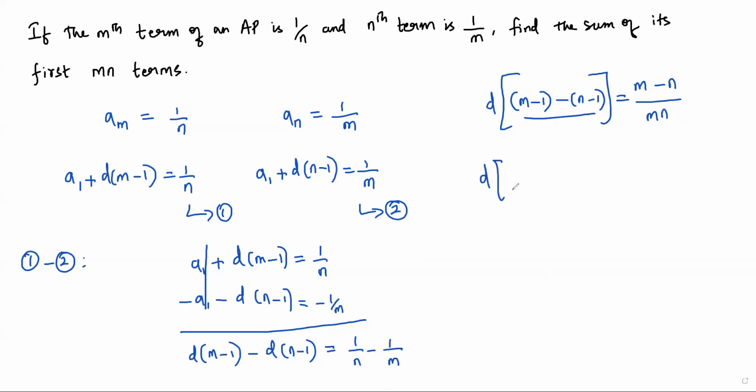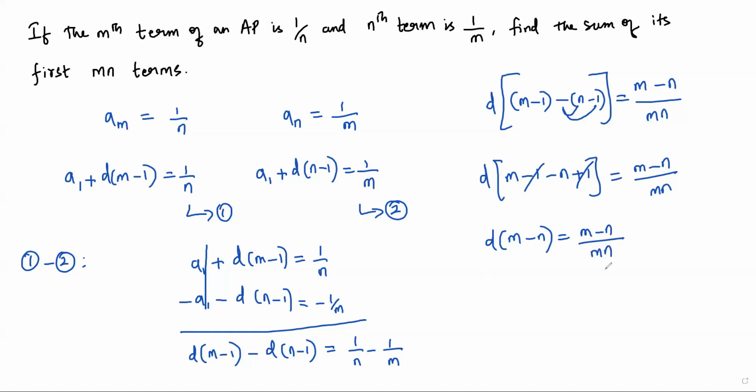We can remove the first parenthesis. Before removing the second parenthesis, I distribute the negative sign to n minus 1, getting negative n plus 1, equals (m minus n) over mn. The negative 1 and positive 1 cancel out. I get d times (m minus n) equals (m minus n) over mn.